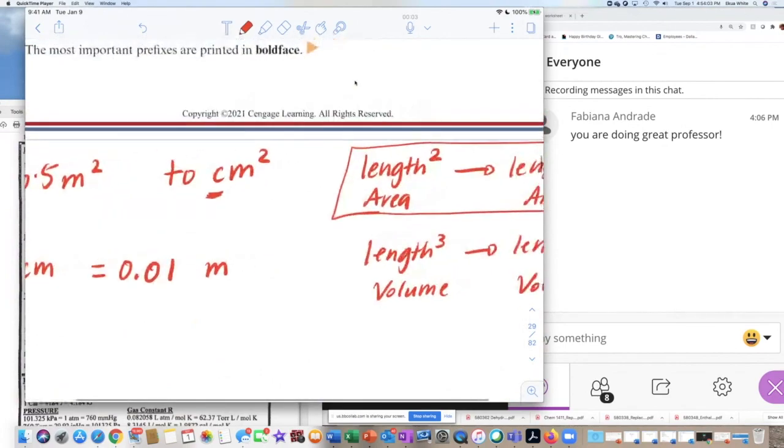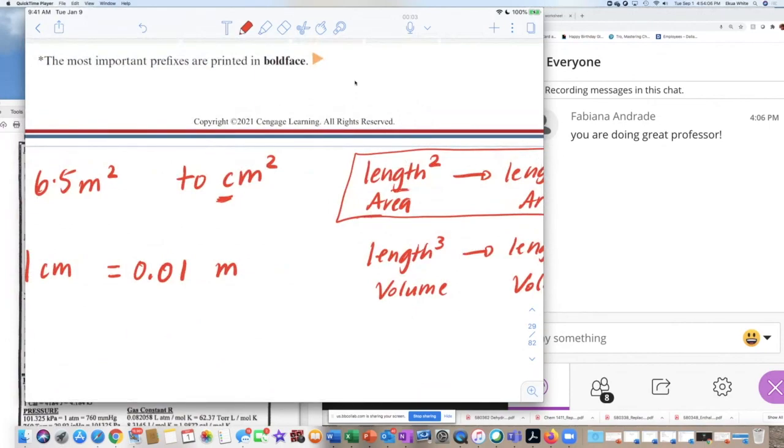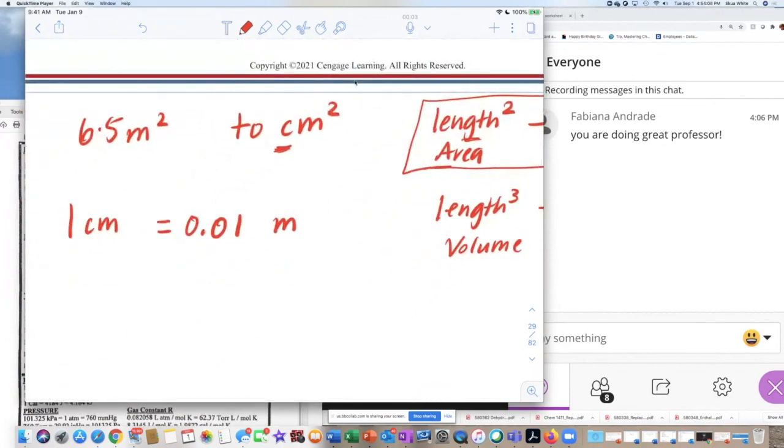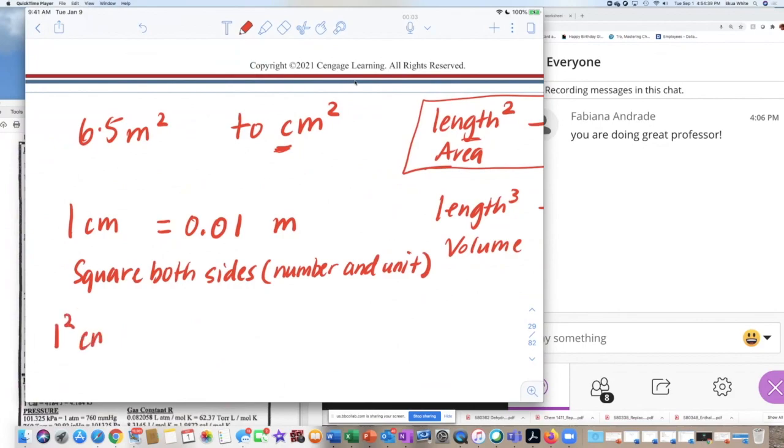Now I have to get length squared. So I got my equality first. Now I'm going to square both sides, number and unit. What I mean by that is the number should be squared and the unit should be squared for both sides. So 1 squared, centimeters squared.